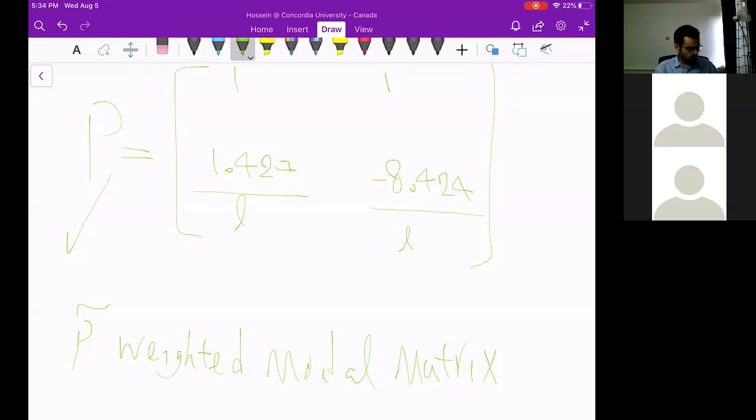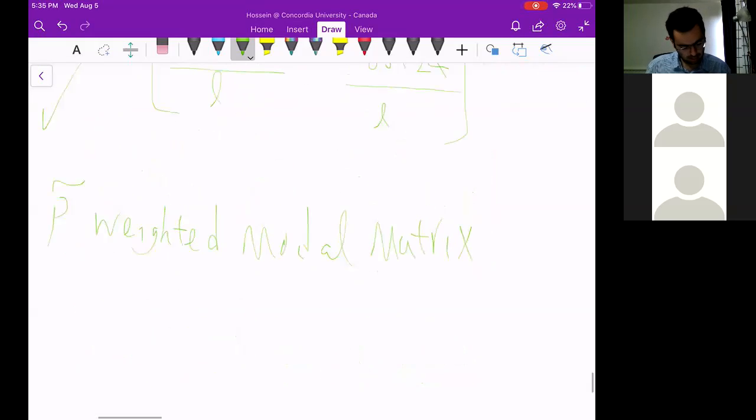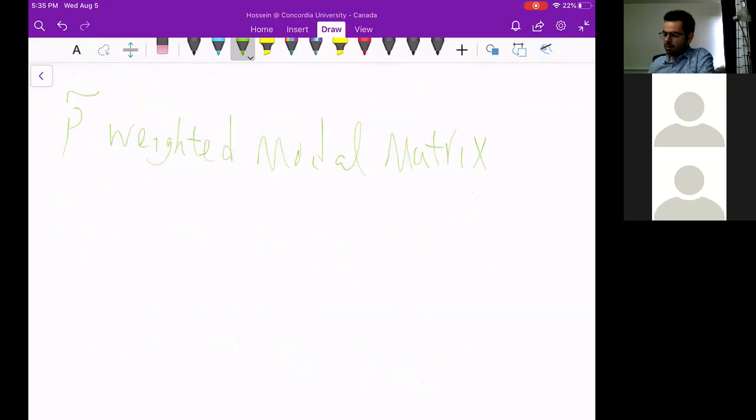Weighted modal, I think we just have to divide by the mass, right? Modal matrix P hat is divided by the square root of mass. I forget this; let me take a look shortly.